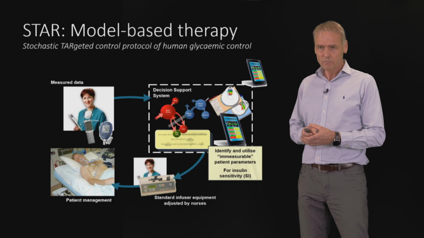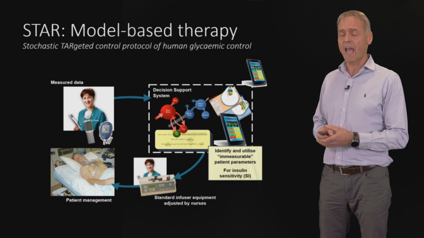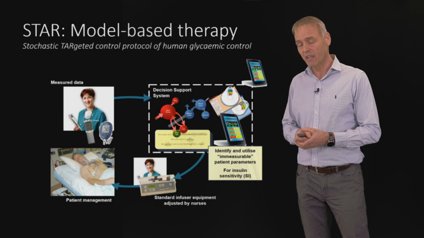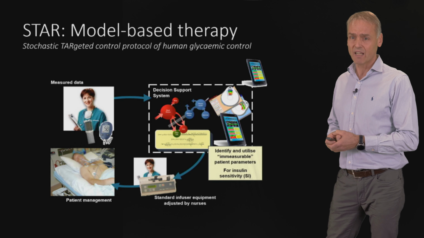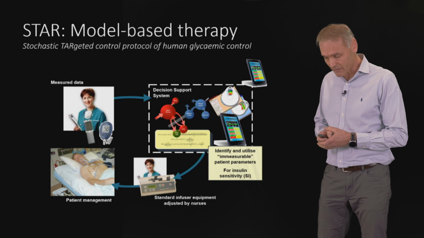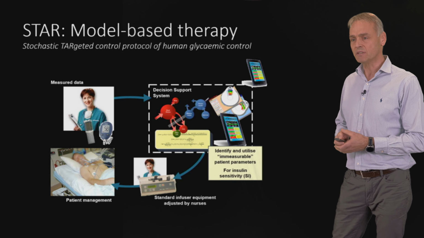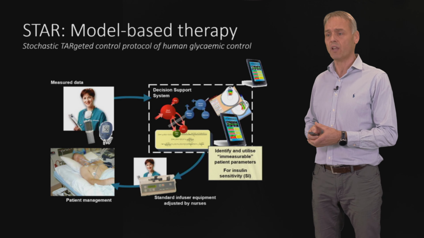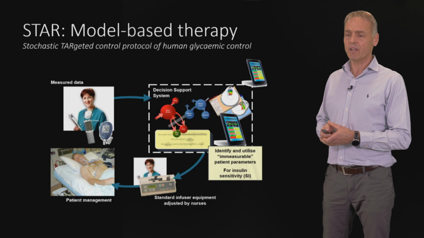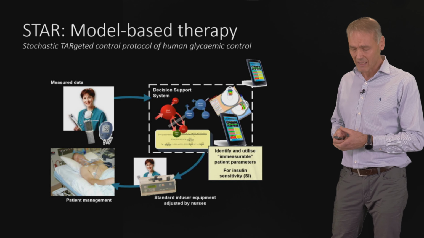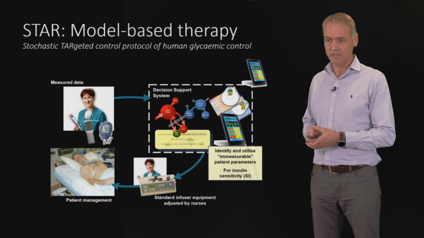The STAR treatment or STAR medical protocol actually aims at the glycemic treatment of patients under intensive care. We measure the blood glucose level of those patients and enter those data into the tablet computer, which will optimize the treatment, select the best treatment option for the patient, and give advice to the doctors or nurses.